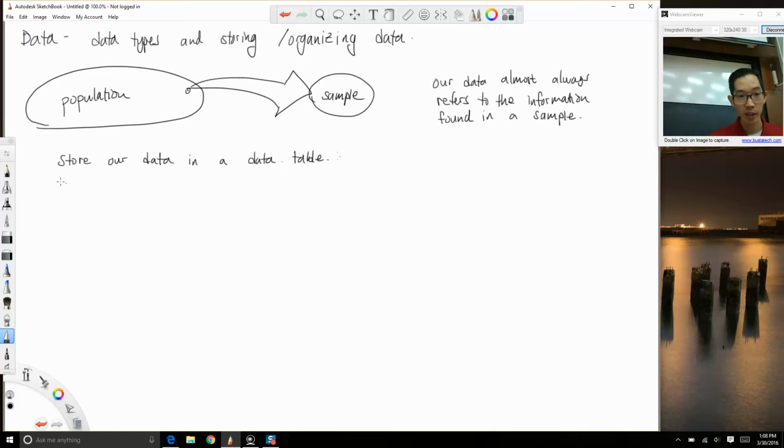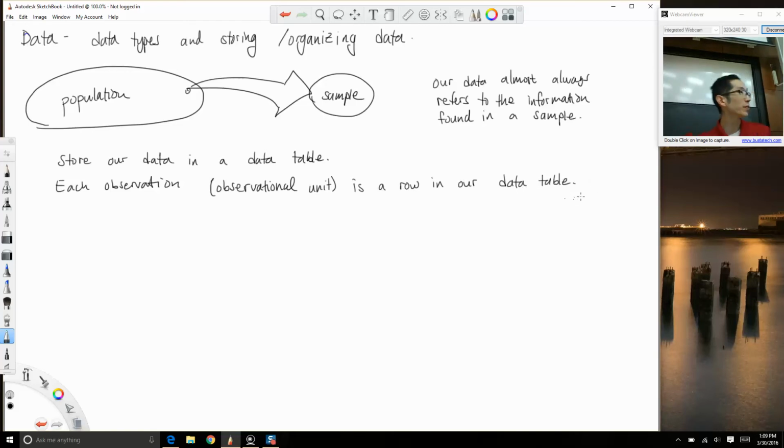Each observation, sometimes called an observational unit, is a row in our data table. Every bit of information that we collect about each observation will be a variable, okay?